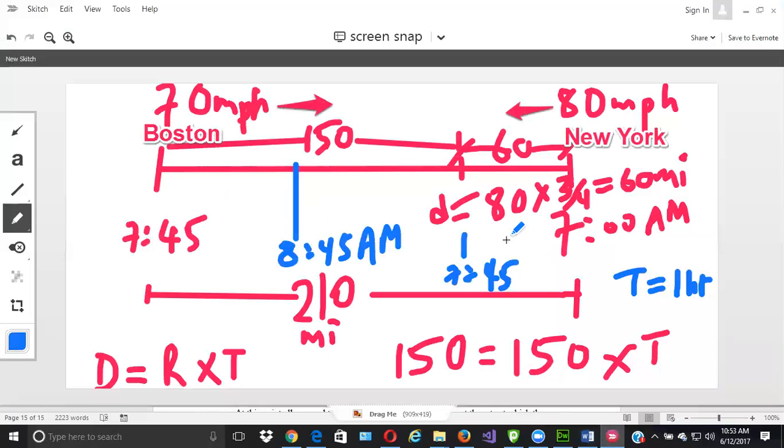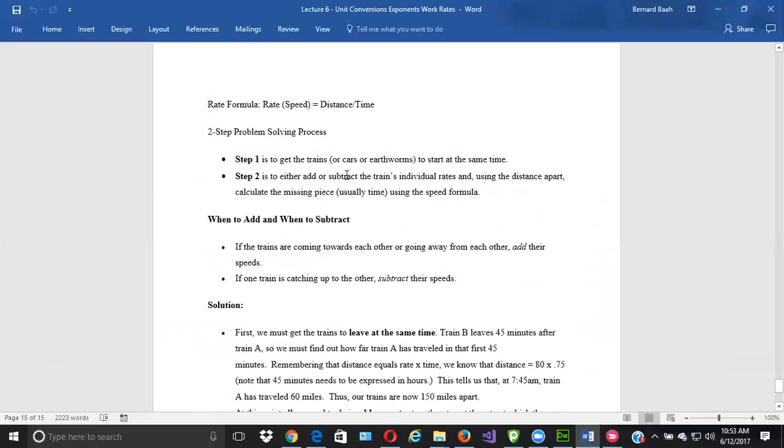And what I did here was I figured out where the first train will be at 7:45 a.m. by multiplying the rate by the time traveled from 7 a.m. to 7:45 a.m. So I figured out that the first train would have traveled 60 miles, meaning that if they're starting at a common time of 7:45 a.m., they would have 150 miles between them if the first train has traveled 60 miles. So that's the first step.